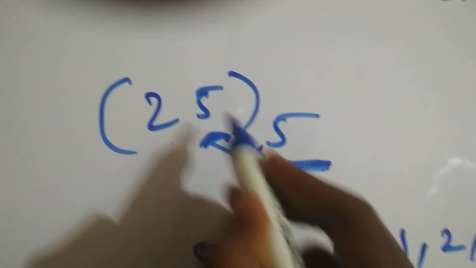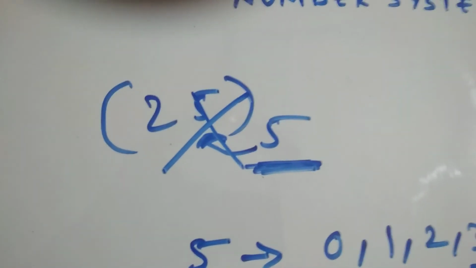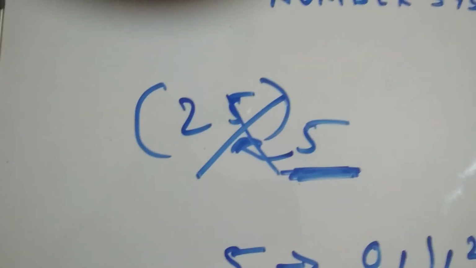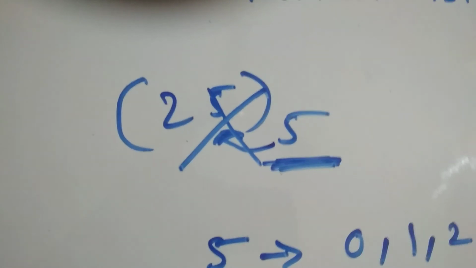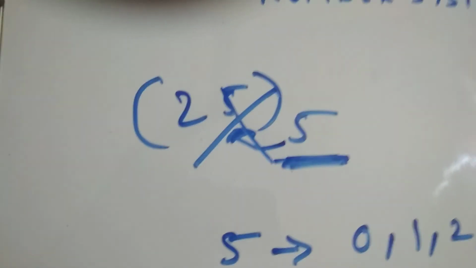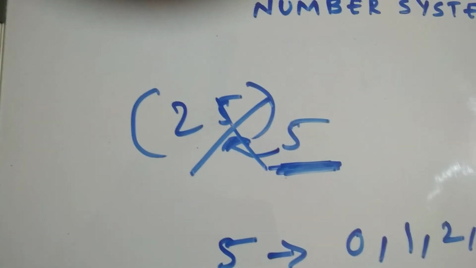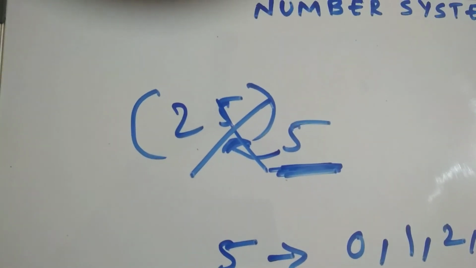So this is totally wrong. We cannot represent 5 in base 5. Don't be tricked by this small technique. This is what most people use.